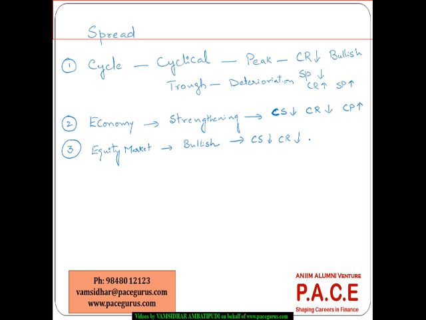But the more the equity markets are bearish and not performing to expectations, I see that the credit spreads are going to widen. But if the equity markets are more stable, what I could typically see is that the yield volatility is going to be much lesser, which is also an indication that the credit spreads can be narrower, because the credit spread is associated with the volatility as well as the actual yield changes.